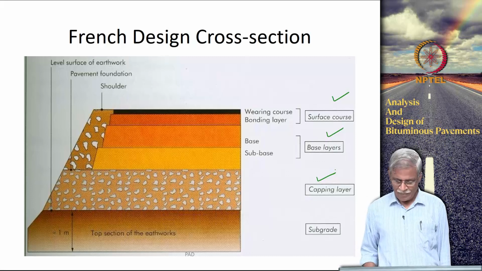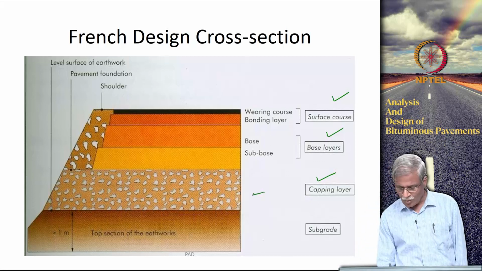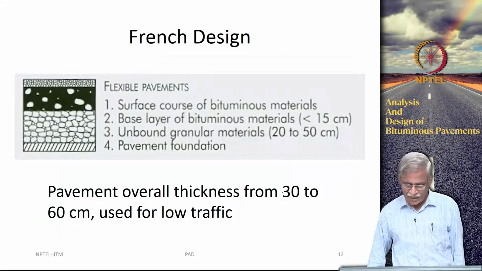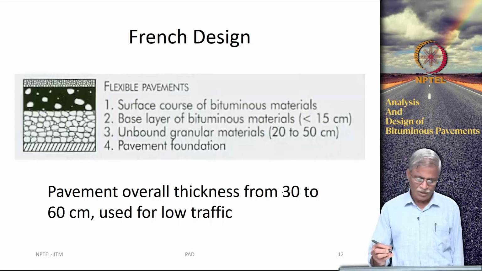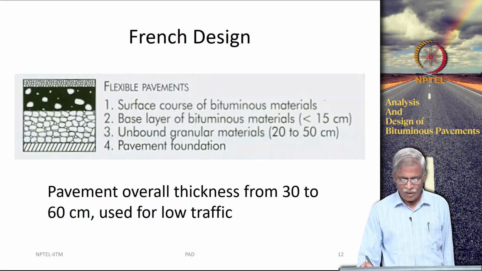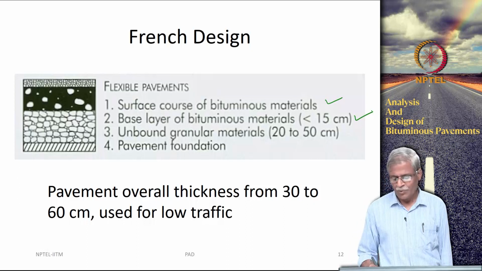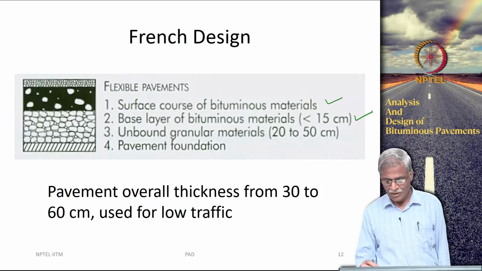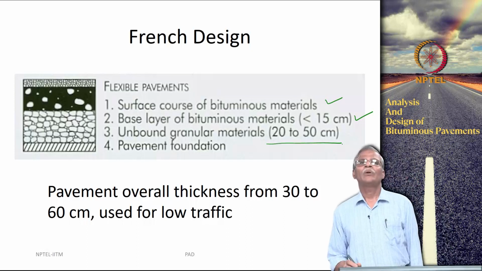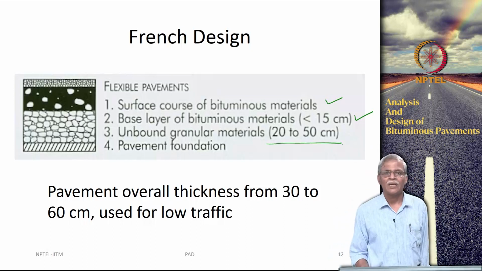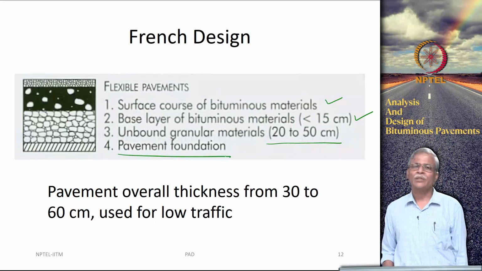This capping layer is constructed on top of the subgrade, and there are many design strategies that are followed. For instance, you can have a surface course of bituminous material, a base layer of bituminous material less than 15 centimeters, and the most important thing is unbound granular materials that can go as high as 50 centimeters, and this is what is really called a pavement foundation.